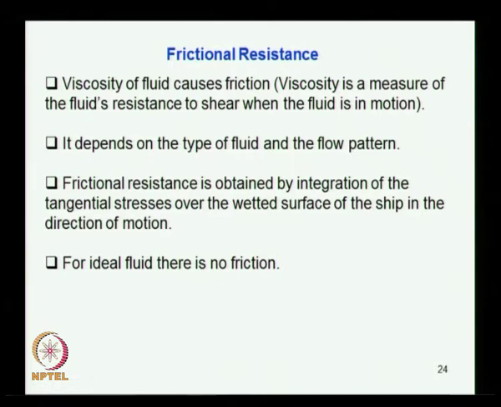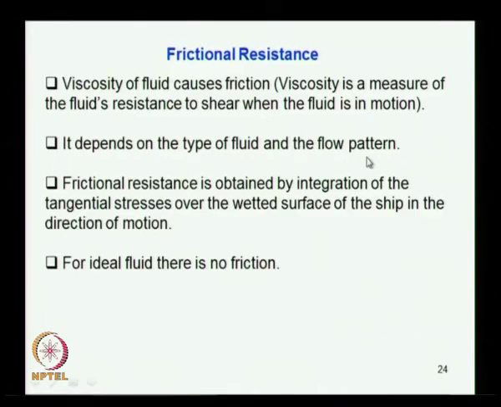For ships the only option is whether it is fresh water or sea water, that difference matters, but you do not envisage any other fluid in which a ship operates, except air and water. The flow pattern, whether it is turbulent or laminar, changes the viscous effect, and so the frictional resistance changes.